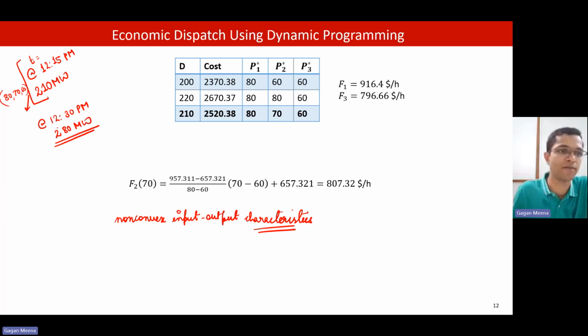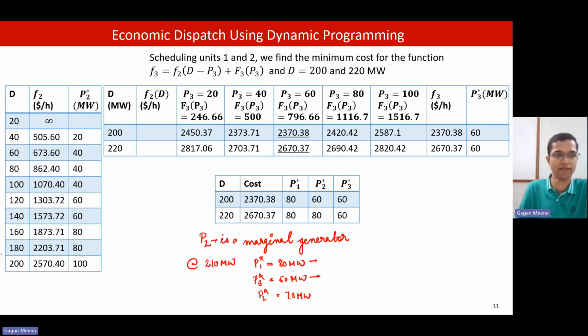Now let's say we are moving to the next time step, and there the load requirement has increased by 70 megawatts. Now the generation needs to increase. Although we have not calculated it, I think we can calculate it. What is the demand here? 280 megawatts.